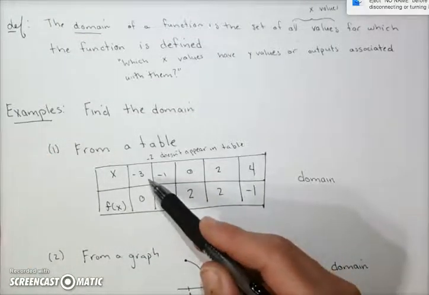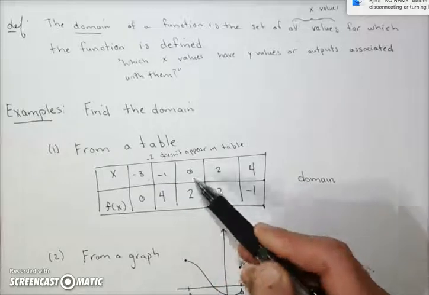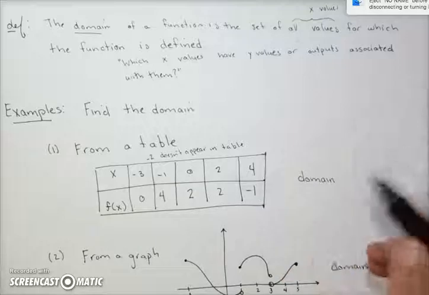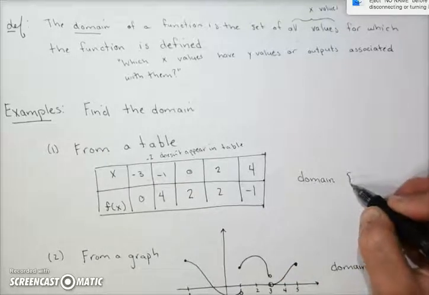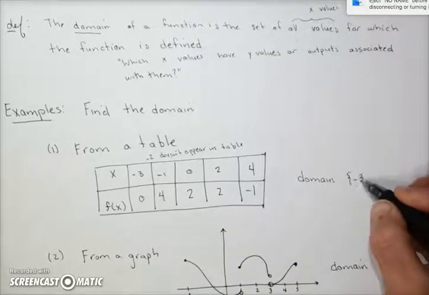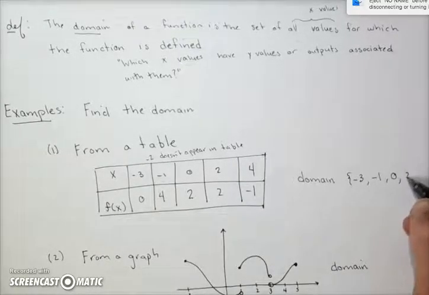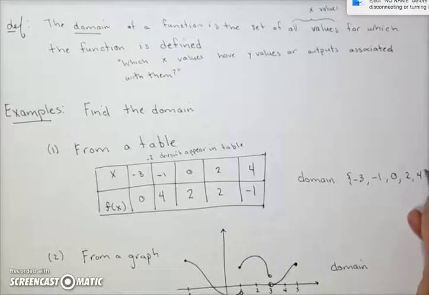The only numbers that are part of the domain are these numbers for which we know the y value. So the domain will be the set of -3, -1, 0, 2, and 4.